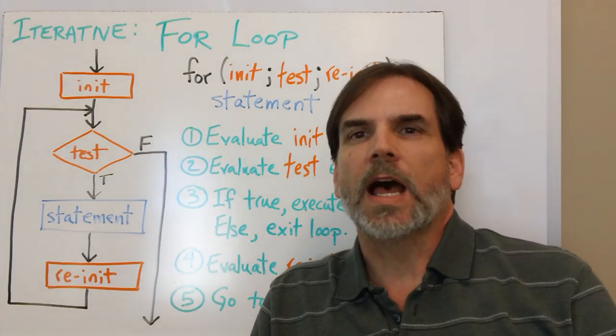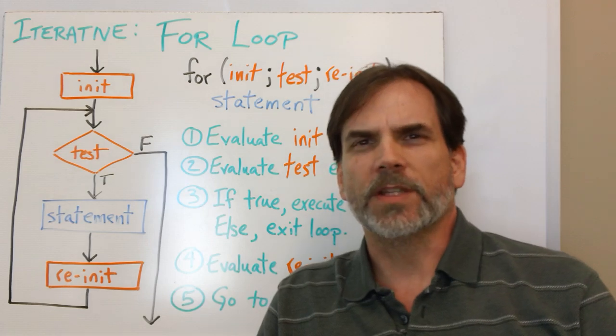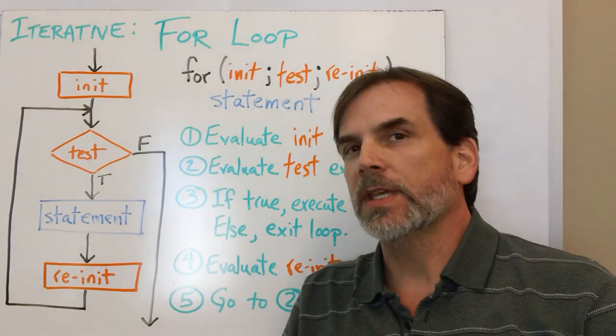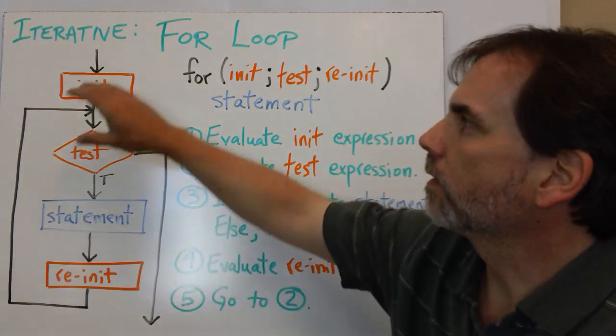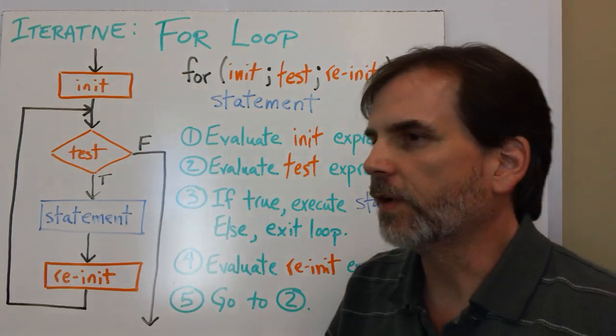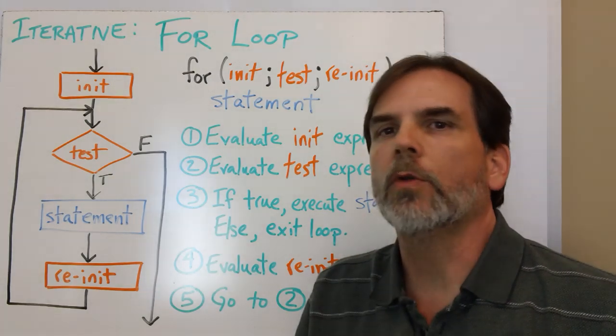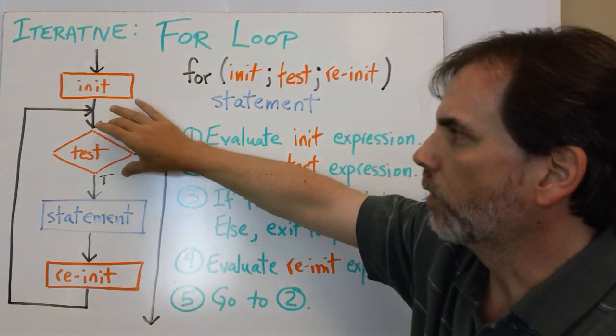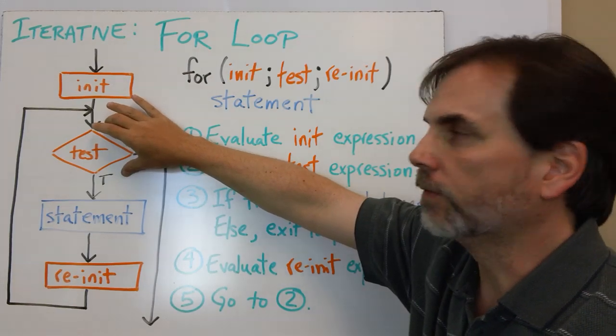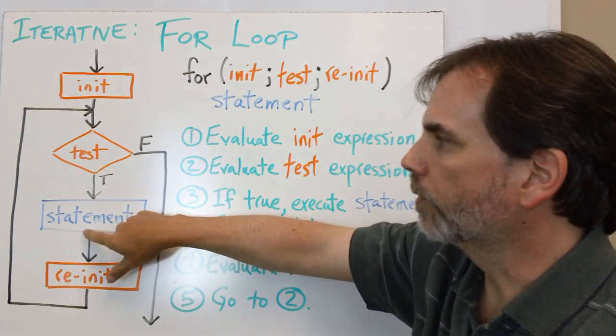There's a certain style of iteration or loop that's very common in programs, and C has a statement to support this style of loop. Here we create some variable that's going to control the loop, call that a loop variable. We initialize it, we perform a test on that variable, and we enter the loop.